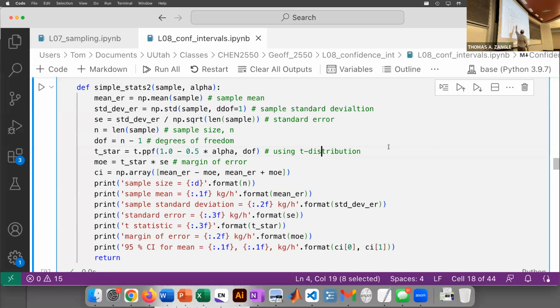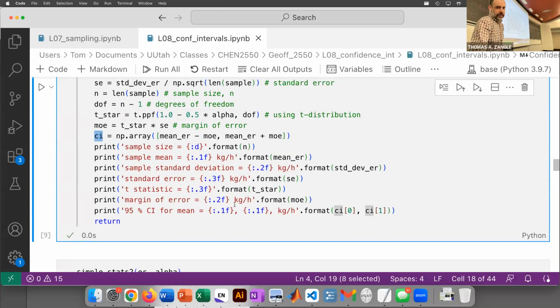And now we also have to have the degrees of freedom, which determines the shape of our t-distribution, given by n minus 1. So in this case, 3 measurements minus 1 is 2 degrees of freedom. Then this code uses that to compute the margin of error and confidence interval on the data and display it down here.